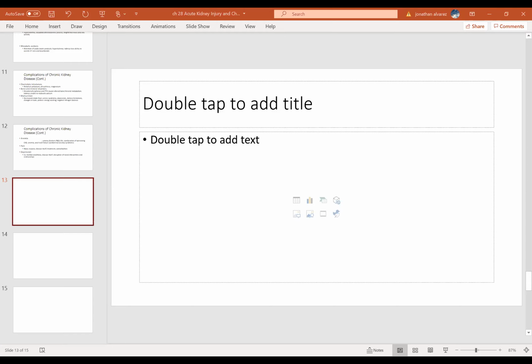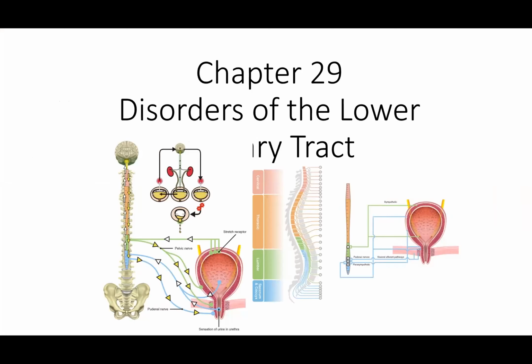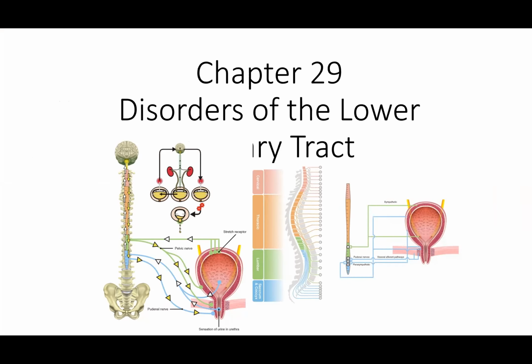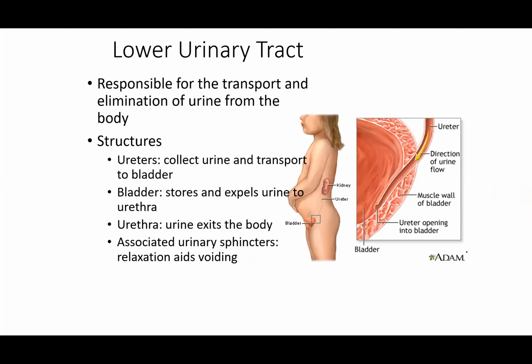Okay, next one is 29, disorders of the lower urinary tract. So we'll be focusing more on the actual urinary bladder. This would include the ureter, the urinary bladder, the urethra, and the urinary sphincters.